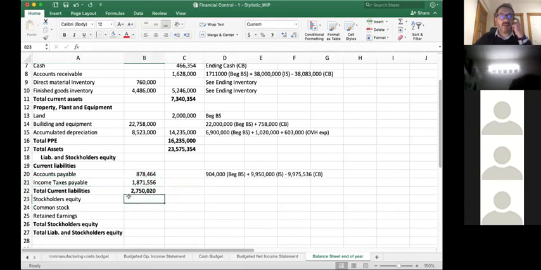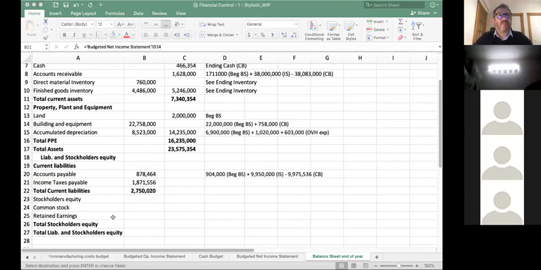For stockholders' equity, no, okay, no, I'm totally wrong actually. Okay, sorry. So for the income tax payable, it's the same thing as for the payable.